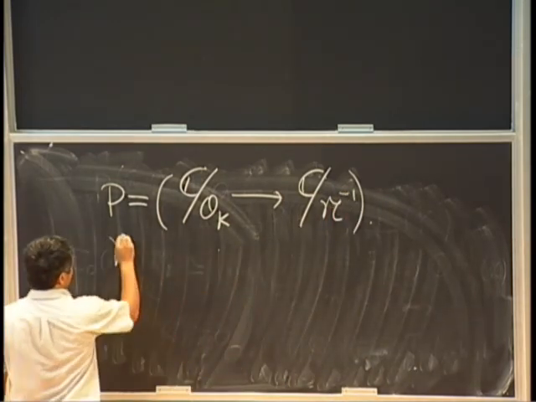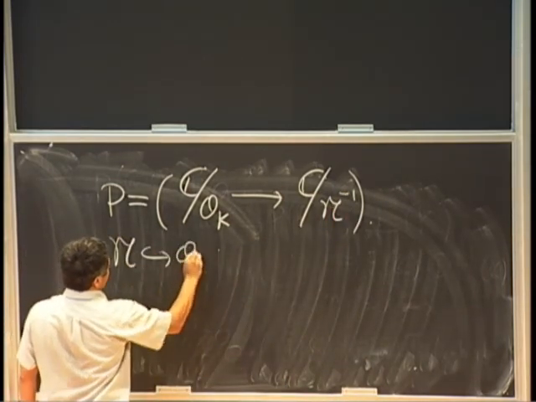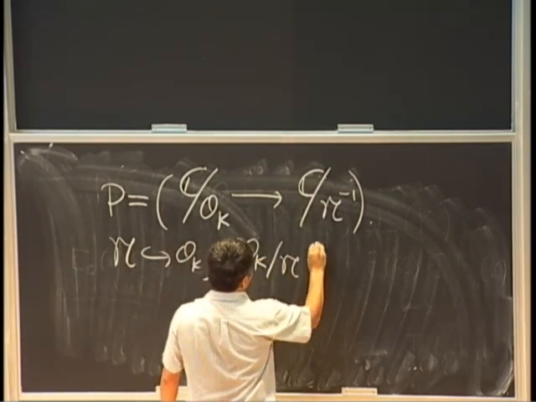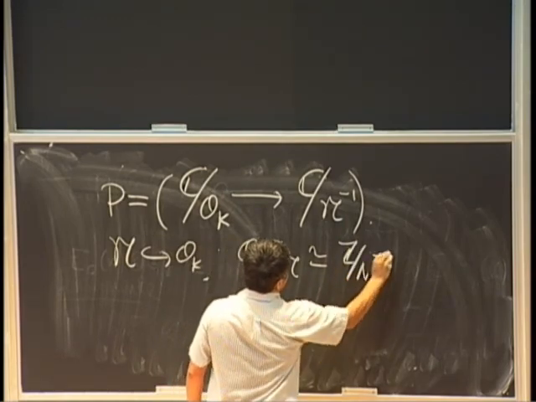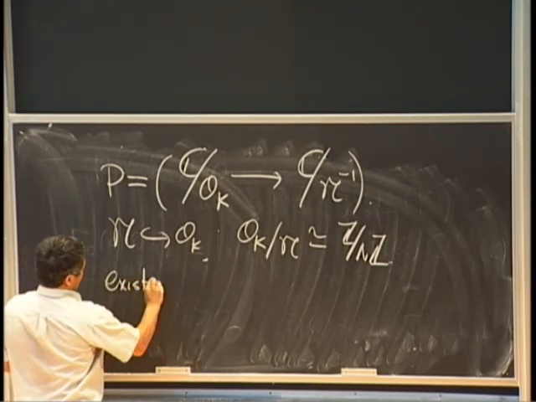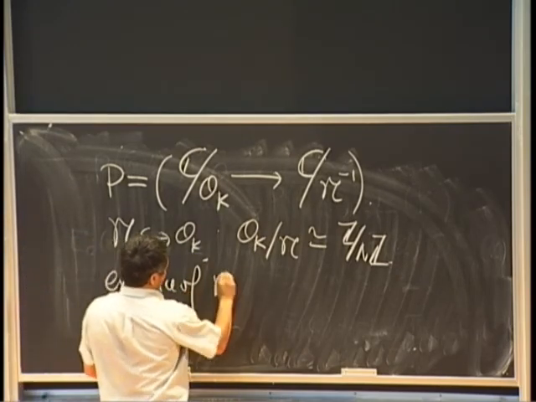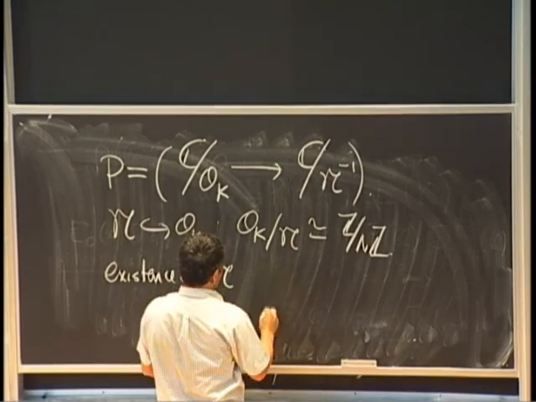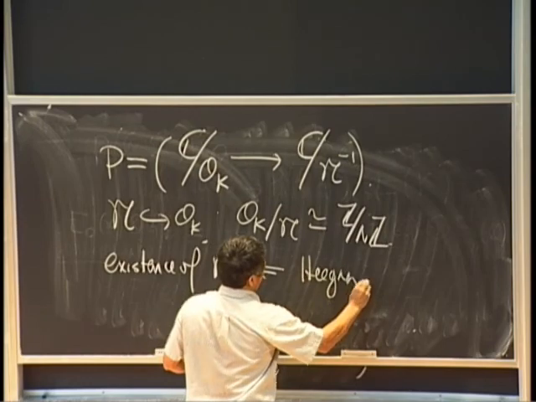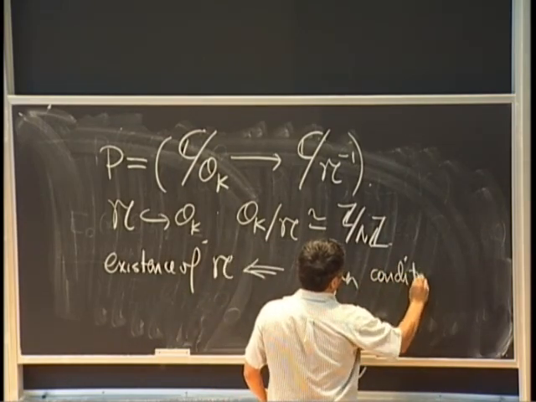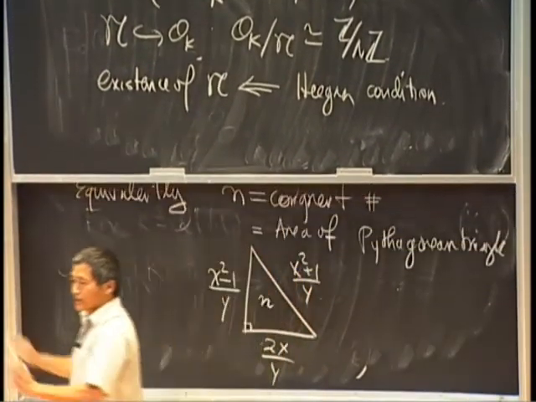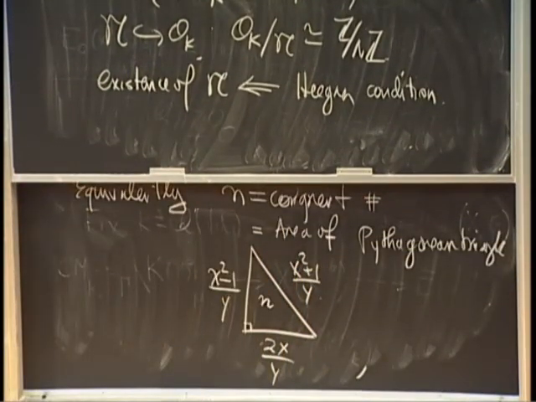This is an ideal such that O_K mod N is isomorphic to Z mod N Z. The existence of this ideal is also guaranteed by the Heegner condition. The Heegner condition has two consequences: one consequence about the L-function, one consequence about the Heegner point.